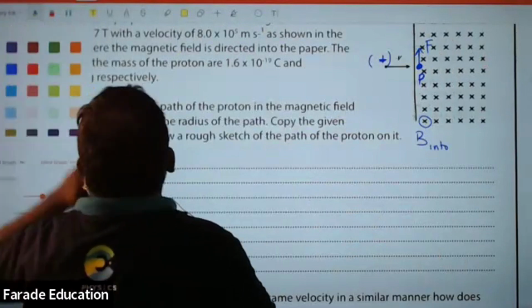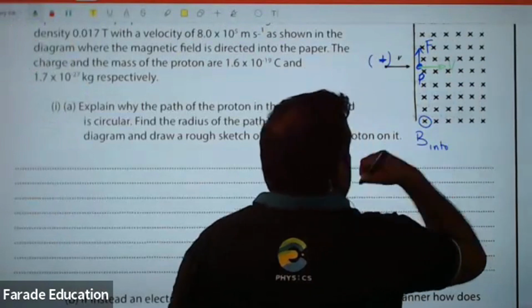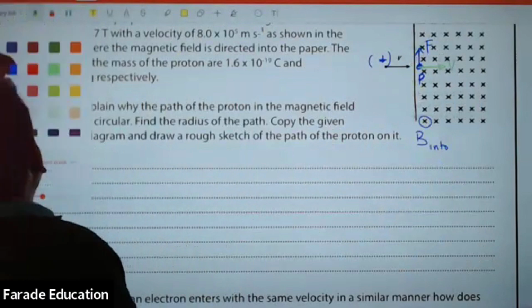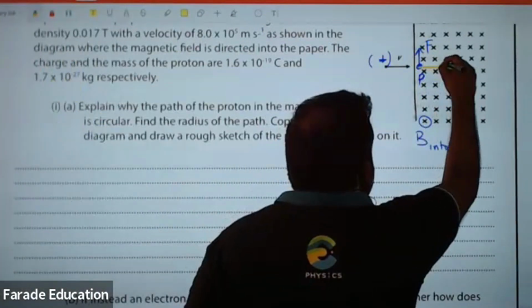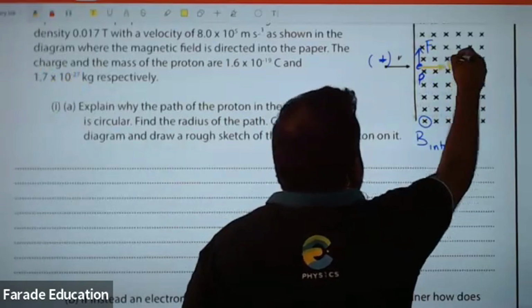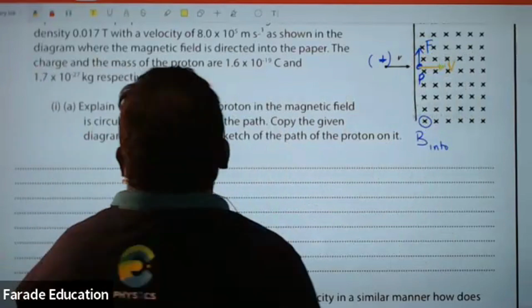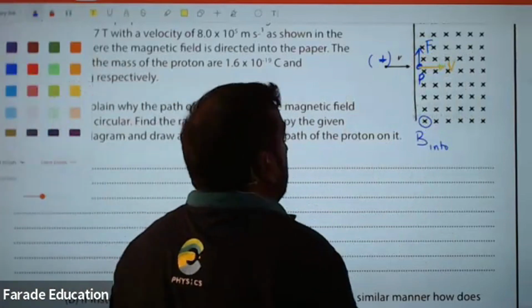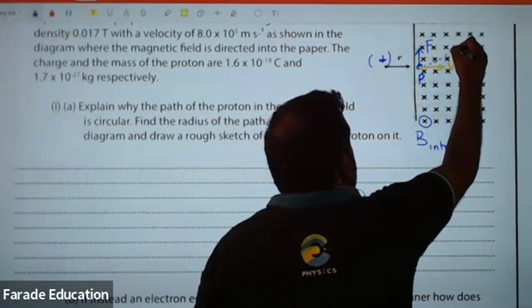Here you can see the velocity of the particle and the force are perpendicular to each other. This will cause the charge to go in a circular path. It will try to alter the path. I'll draw it in dotted lines.